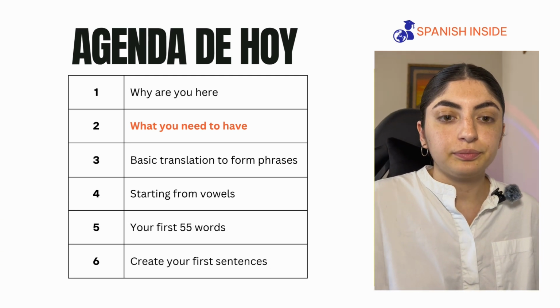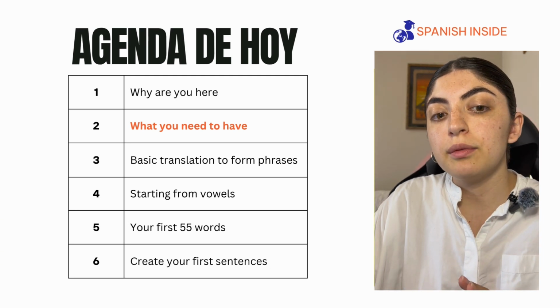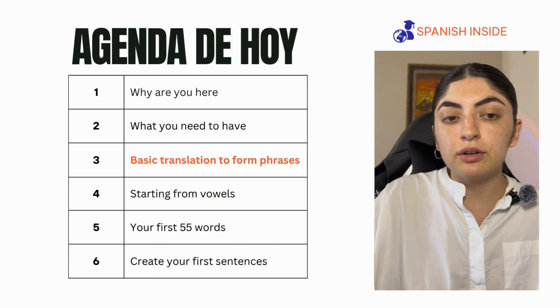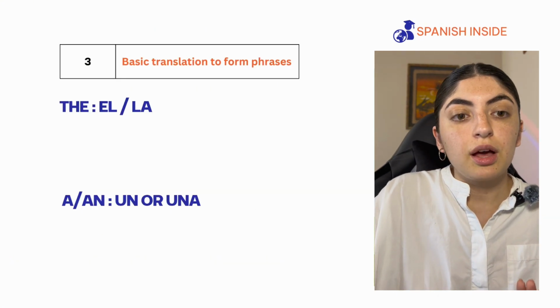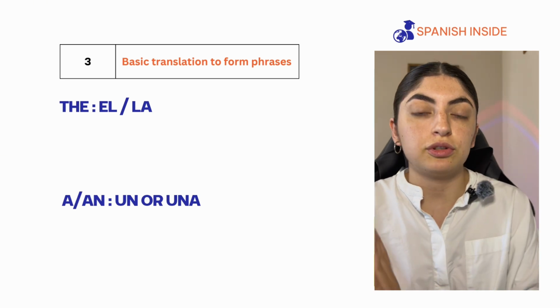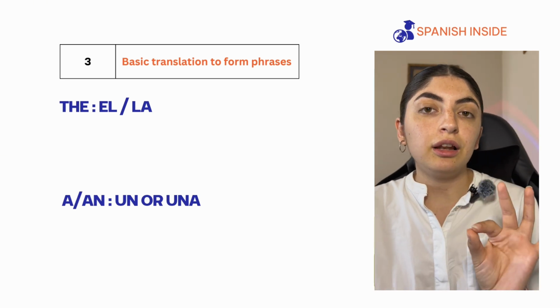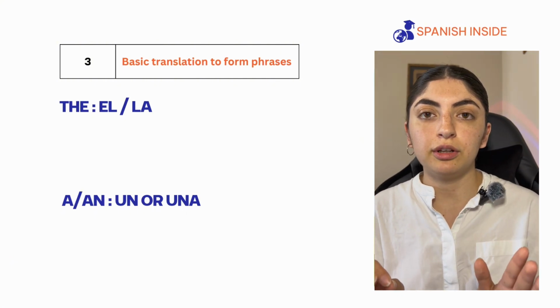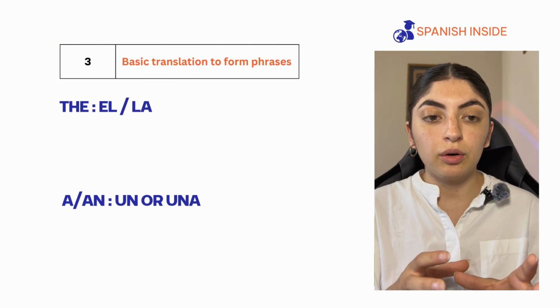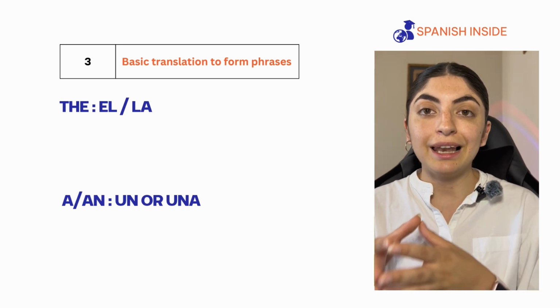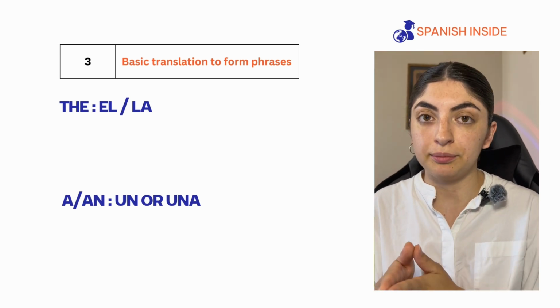So here, first, basic translation to form phrases. We have here two things. "The" is translated into Spanish as el or la. El, maybe you already know, is masculine, and la is feminine.